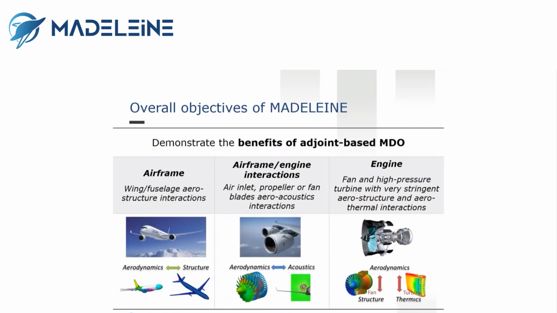Here the main focus was the coupling between aerodynamics and acoustics, and we had some test cases regarding the design of air inlet, propeller, or fan blades. And then we decided to focus on the design of different engine components, which are fan and high pressure turbine, which have very stringent aerostructure or aerothermal interaction.